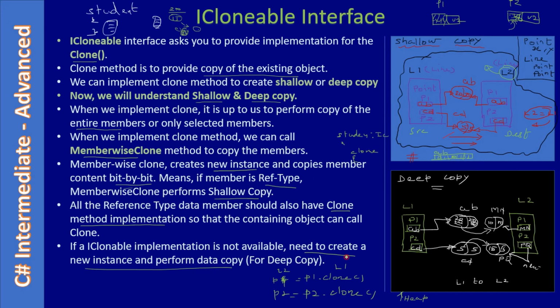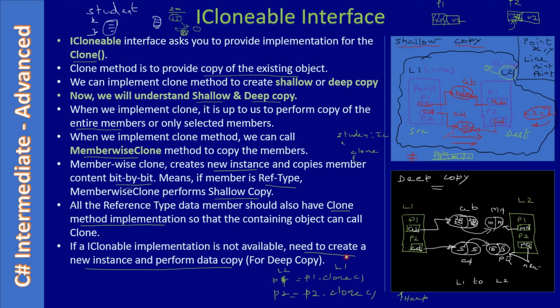At this stage it may be slightly confusing, and in the next few videos when we implement the ICloneable interface for our example, we will get a clear picture of what is shallow copy and what is deep copy, and how to use the MemberwiseClone method properly.